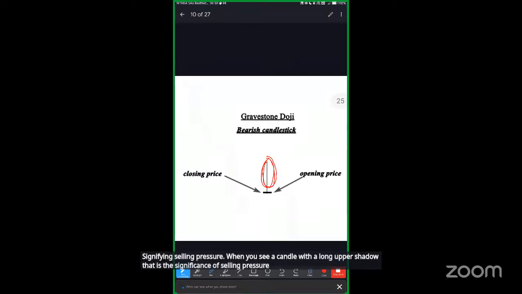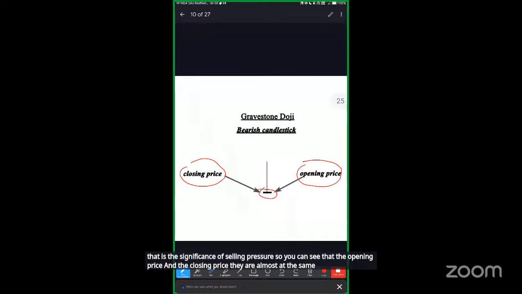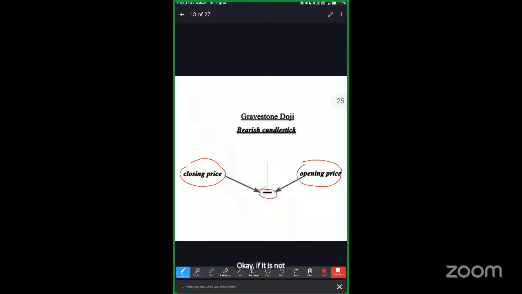So you can see that the opening price and the closing price are almost at the same place. Sometimes there is a slight difference, okay? If it is not exactly at the same place, you will see they are just close to each other. Where it opened is also closely where it closed, as you can see here.